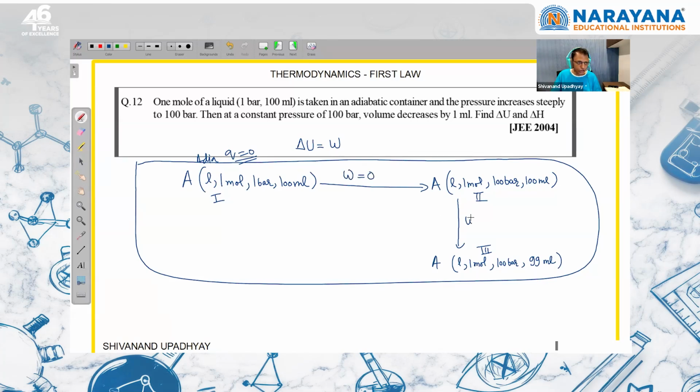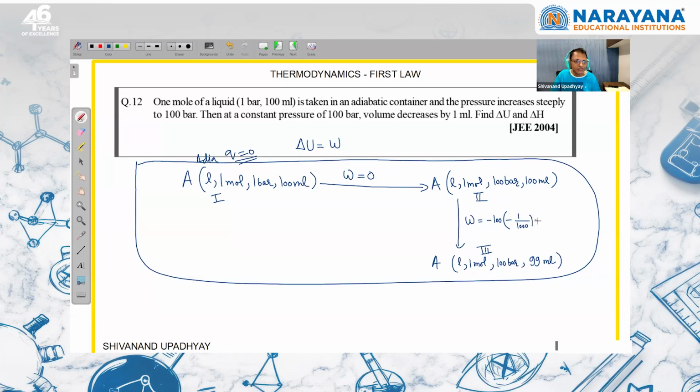Here volume, work done क्या लिखेंगे, dw is minus times of P external into dv, right? So pressure is constant, so P external is equal to 100 bar, so minus times of 100 bar, and volume change हमें लीटर में लिखना है. So 1 ml का volume change is negative, so if we put in liter I have to divide it by 1000.